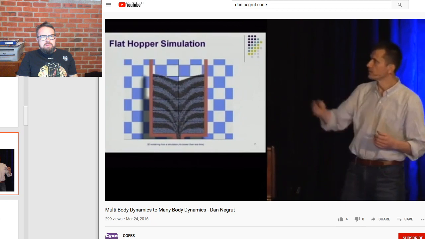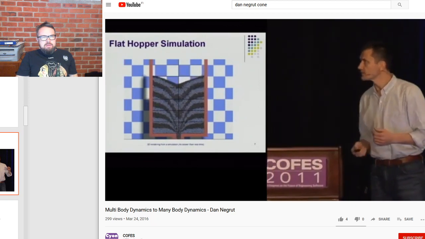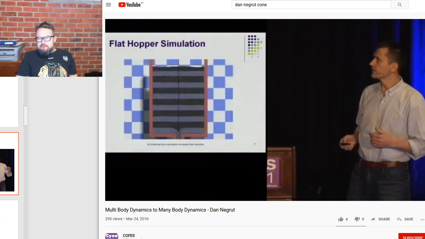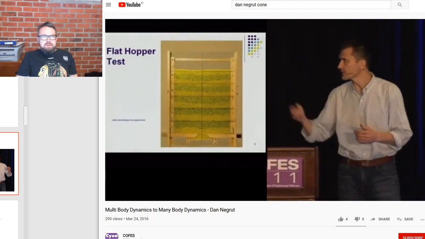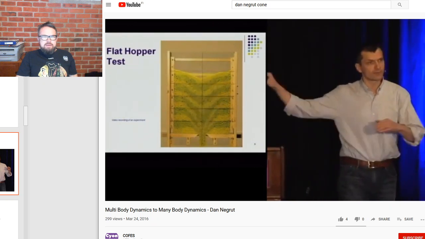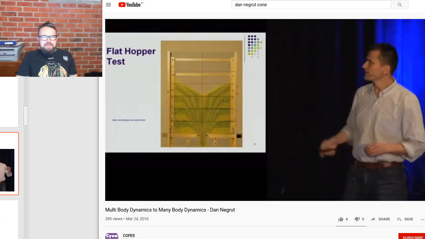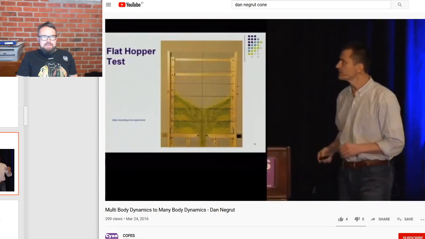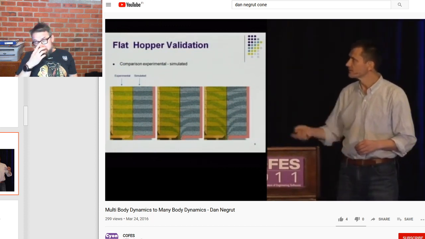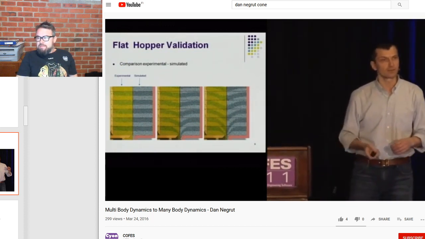Here we have a silo, a flat hopper simulation, and we ran that simulation, and then in the lab, we took something similar. A graduate student, low salary, filled it up, painted the balls, and we did that simulation, and then you put them side by side, and here is what you have: experiment and simulation, and they look pretty much the same.